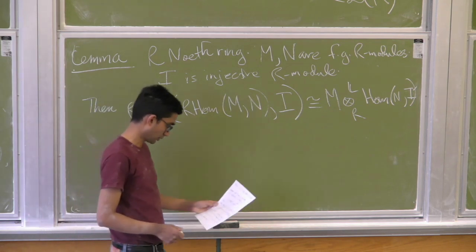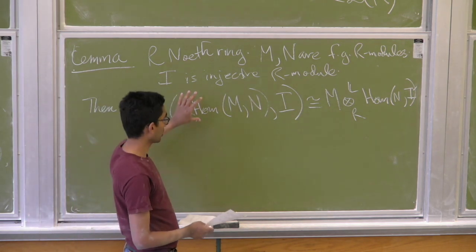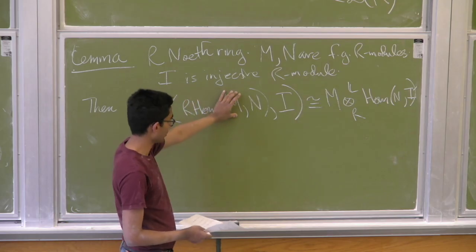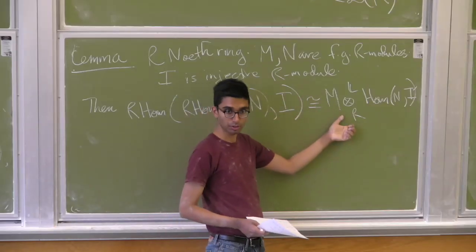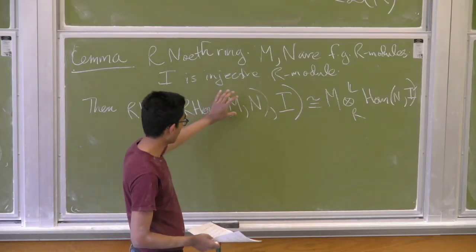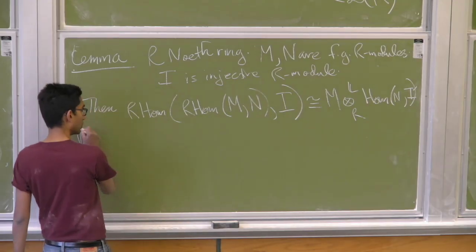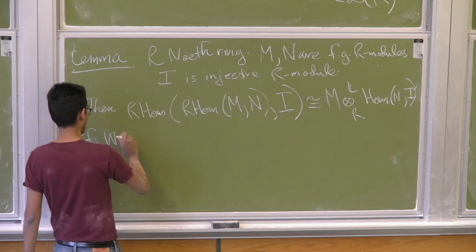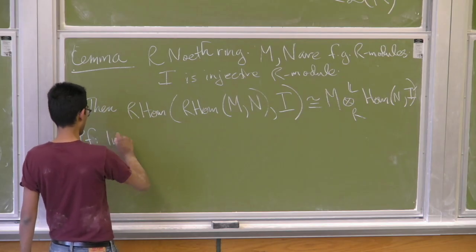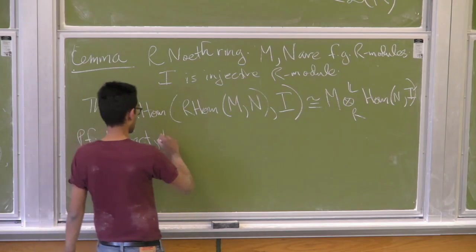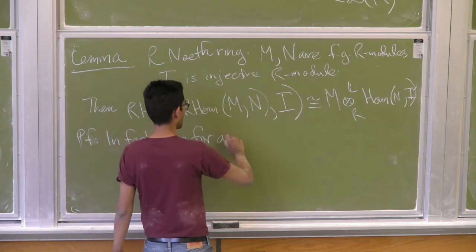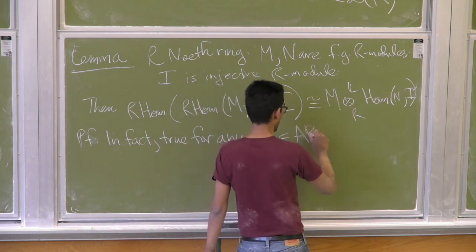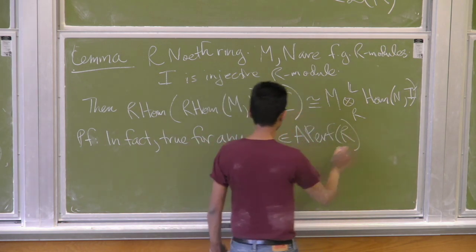Okay, so what is the proof of this? The proof of this is basically a connectivity argument, and in fact it's true for any M which is pseudo-coherent.